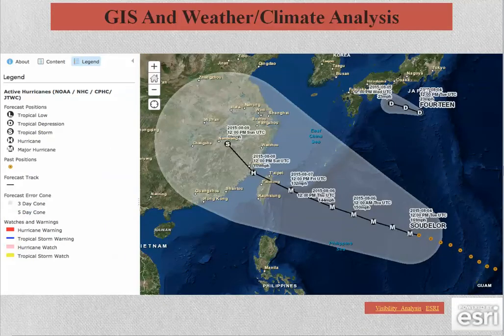Now, when it comes to weather and climate analysis, there are scientists who have for many years been working with GIS as a tool when it comes to those forms of analysis. And by the way, you know what's really interesting is the way in which weather data has been presented to the public. Say, for instance, like maps like this, where now we're actually watching, say, in the Pacific, the potential spawning of a typhoon, or in the Atlantic, looking at hurricanes, talking about El Nino and things like that.